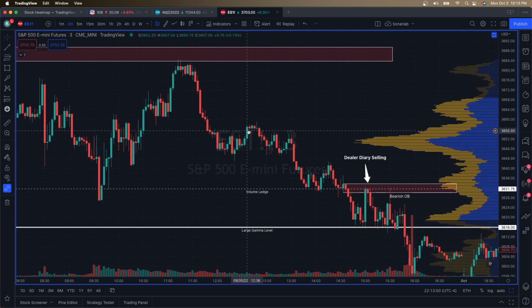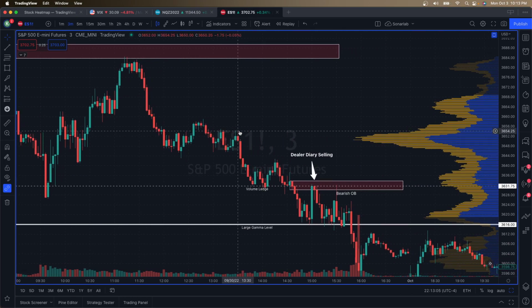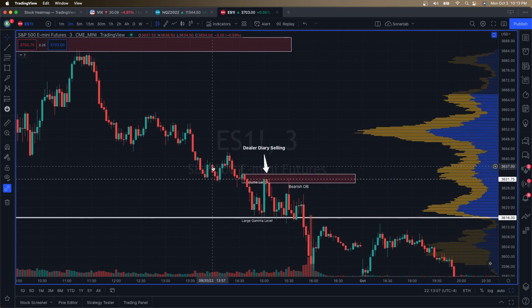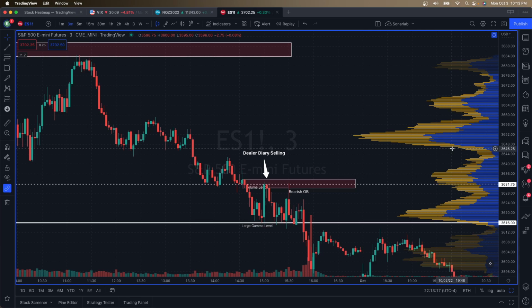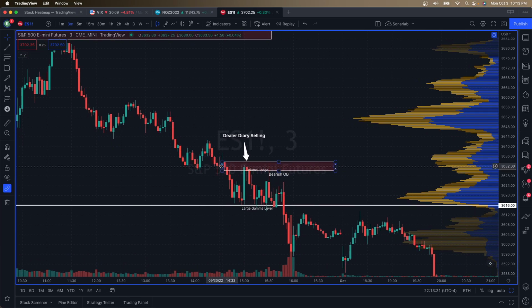Had a nice sell-off. We're making lower highs, lower lows. We create an order block up here on this lower low. Come back up, we're rejecting. We don't even get back to the order block. We just reject out of the fair value gap, which is also correlated with a volume profile volume gap, and we reject again, moving lower.